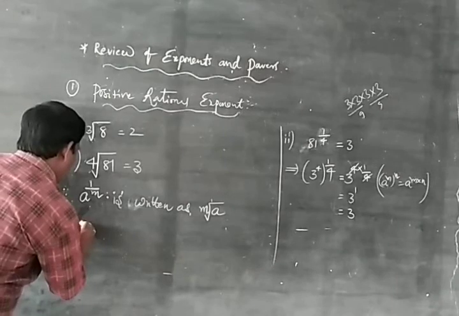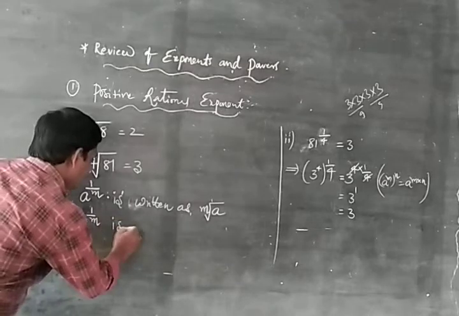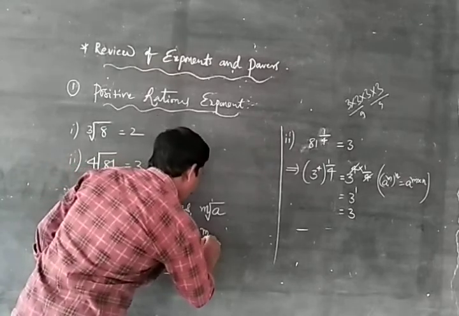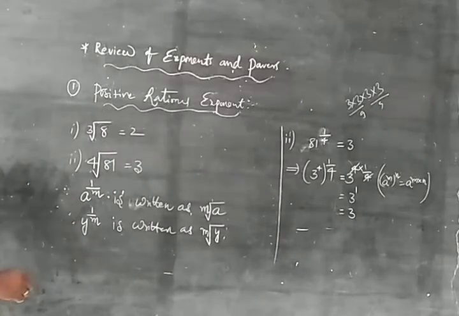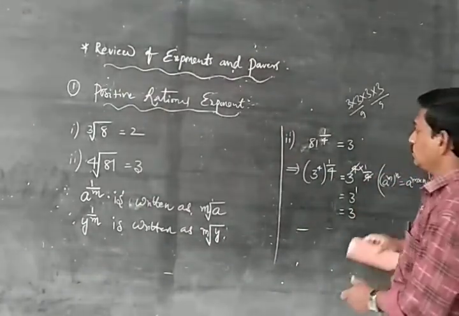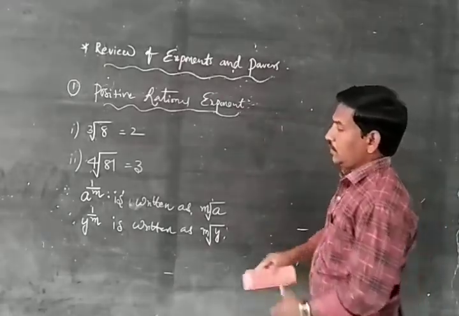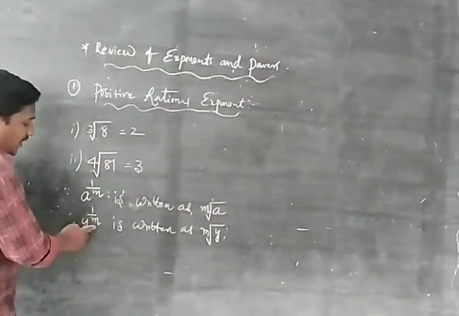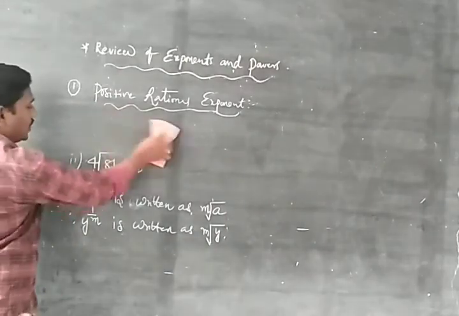Otherwise, y power 1 by m is written as the mth root of y. Understand? Right. So a power 1 by m is the mth root of a, and y power 1 by m is the mth root of y.